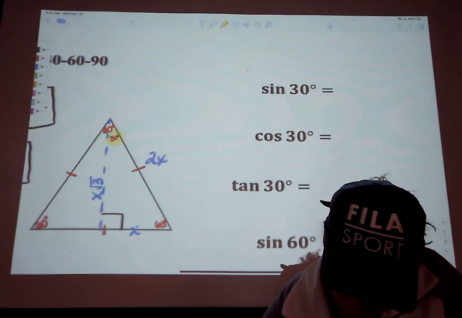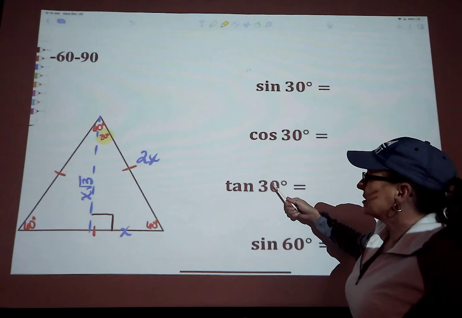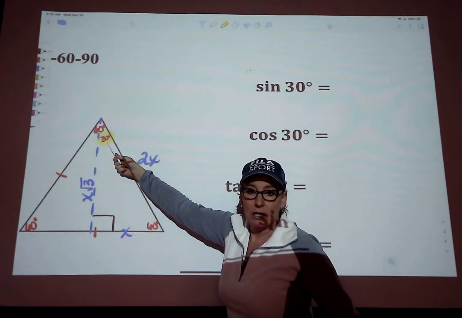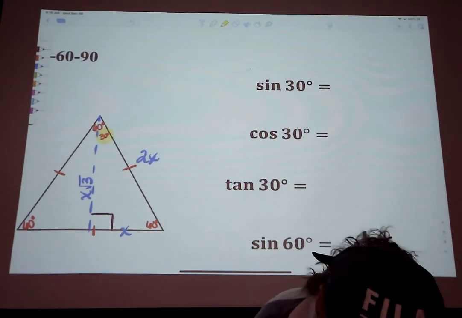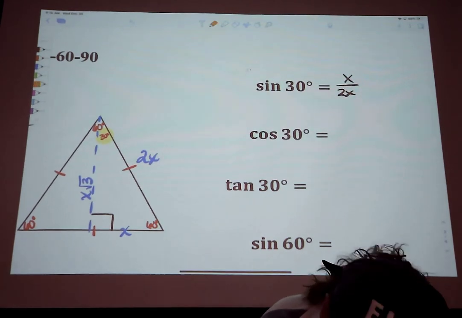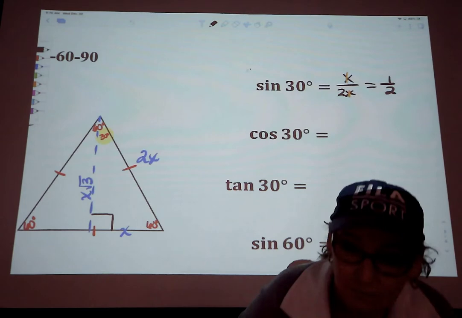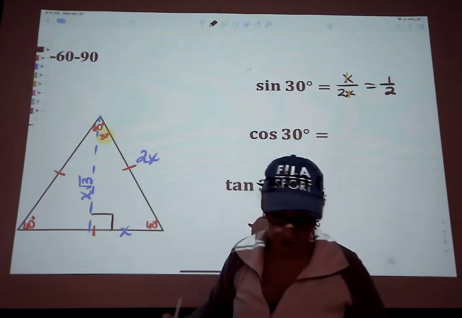Now, this is asking us, let's do sine, cosine, and tangent for a 30-degree angle. So look at this angle. Let's do sine, opposite over hypotenuse. Oh, that's nice. Let's do cosine, adjacent over hypotenuse.